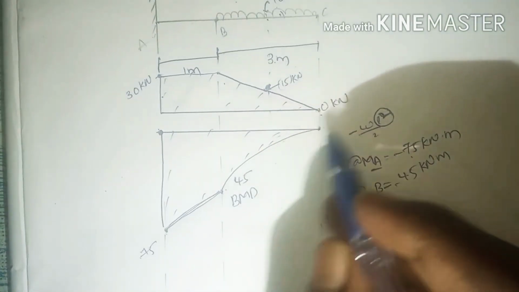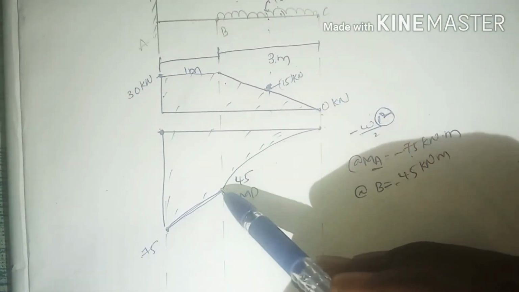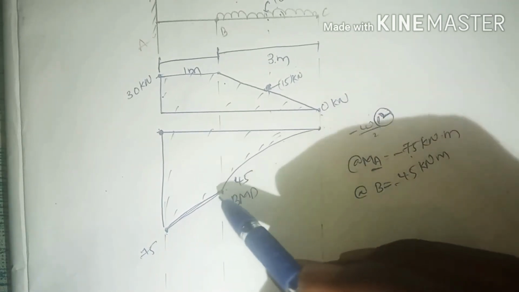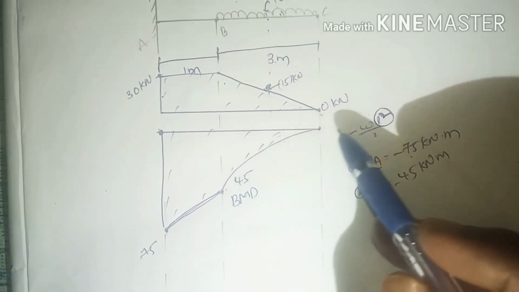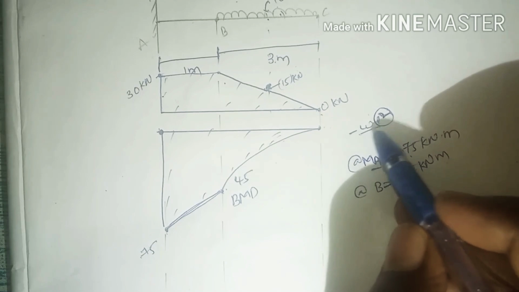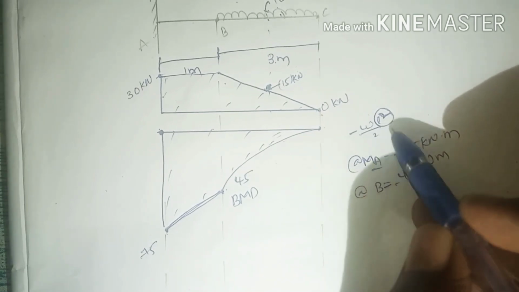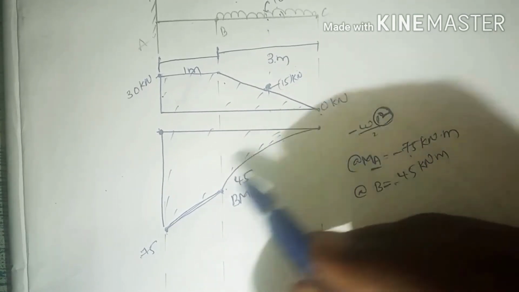After joining the points, from B to C we have to draw a parabolic line, because minus WL square by 2, the L square indicates that it is parabolic.